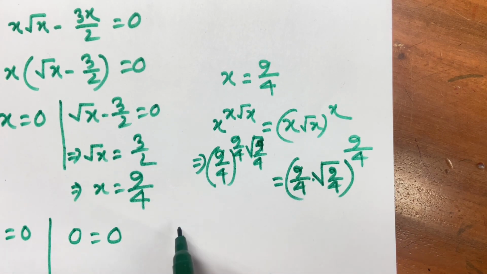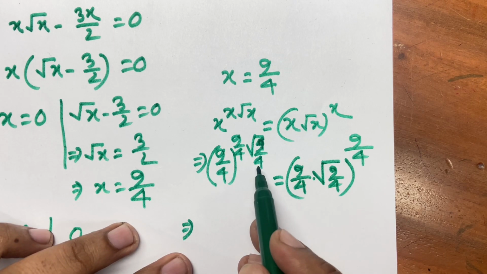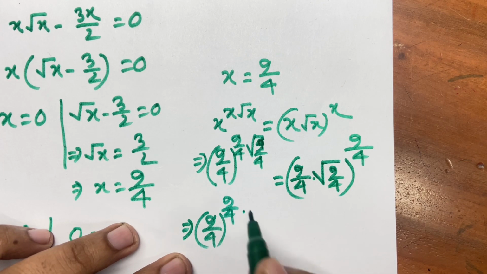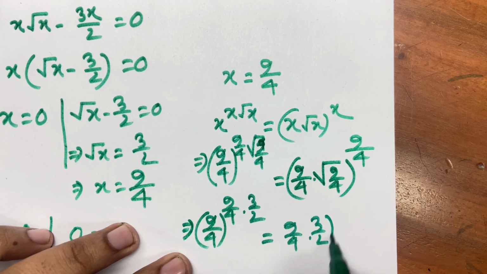Now I can say, we know that root over 9/4 is equal to 3/2. So now I can say easily 9/4 multiply 3/2 equal to 9/4 multiply 3/2 power is 9/4.